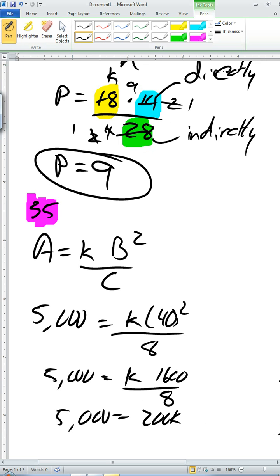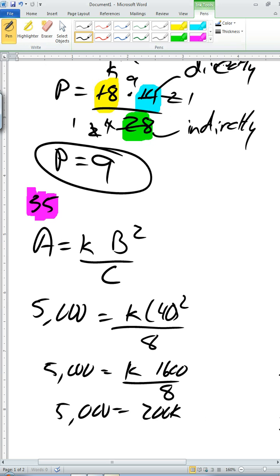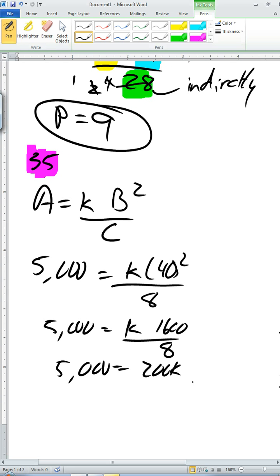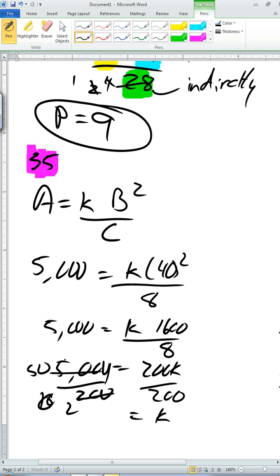Now I'm going to divide each side by 200. I'm going to get K is equal to, zeros cancel out. Actually, let's do it the right way. 100 goes into here twice, 100 goes into here 50 times. 2 goes into there once, 25. So the constant in this case, K, is going to be 25.